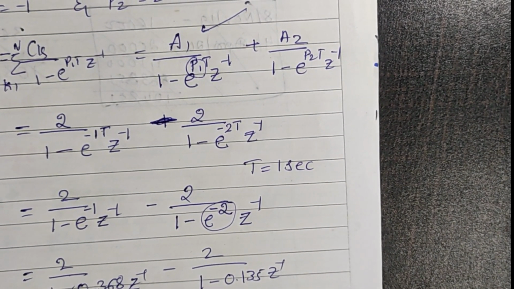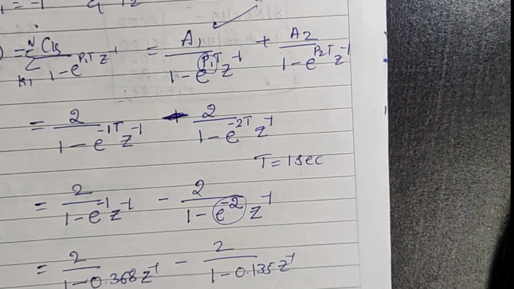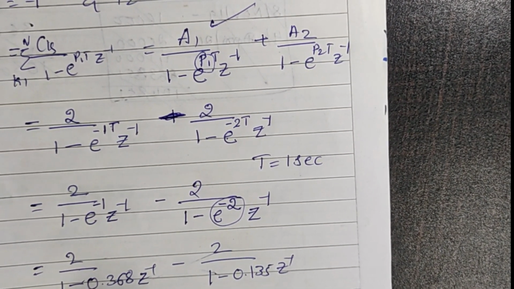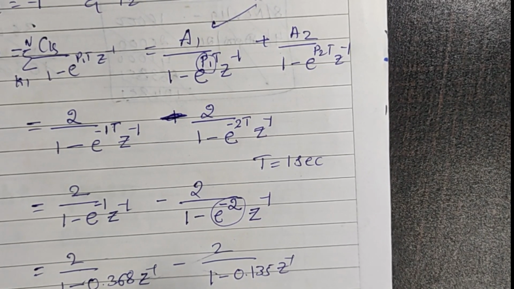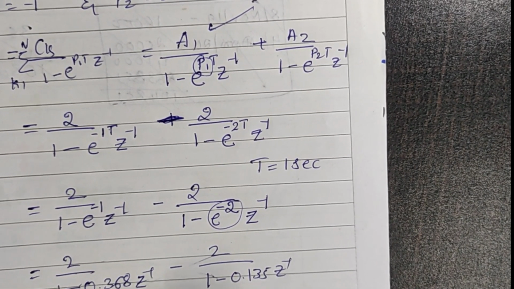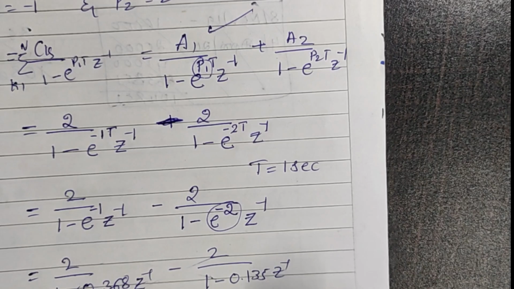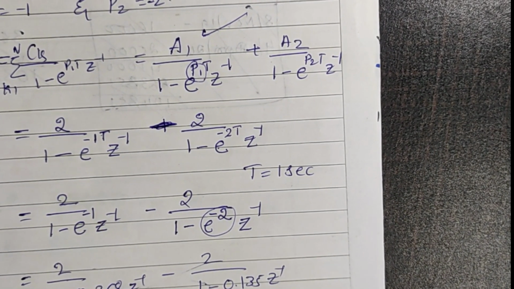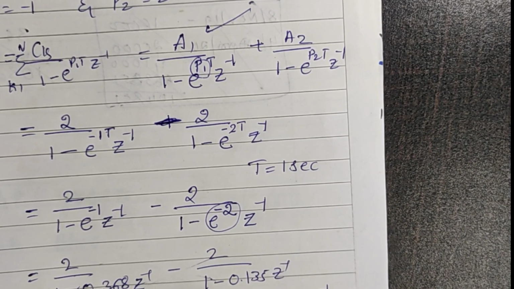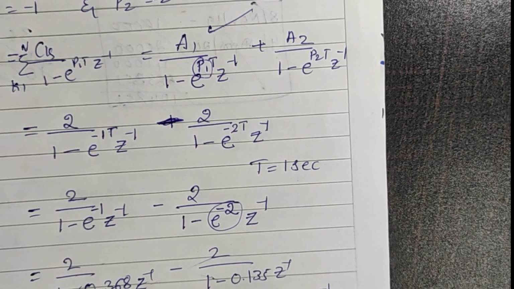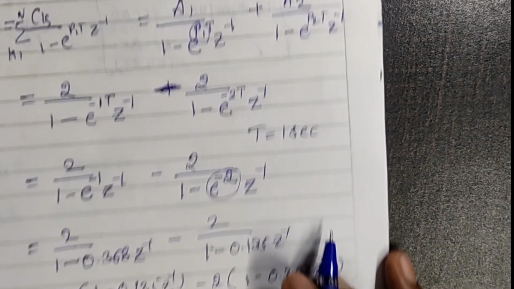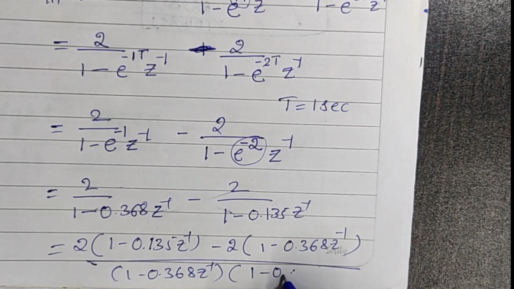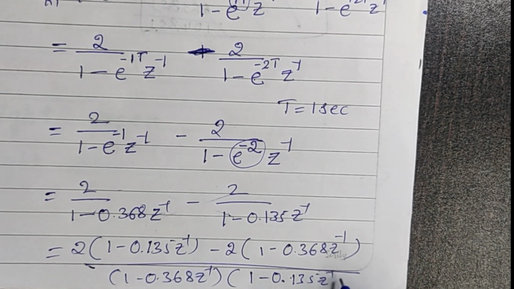Now we can just simplify this. Once you simplify, cross multiply these two, which is 2 into 1 minus 0.135 z raised to minus 1, minus 2 into 1 minus 0.368 z raised to minus 1, divided by 1 minus 0.368 z raised to minus 1 into 1 minus 0.135 z raised to minus 1.